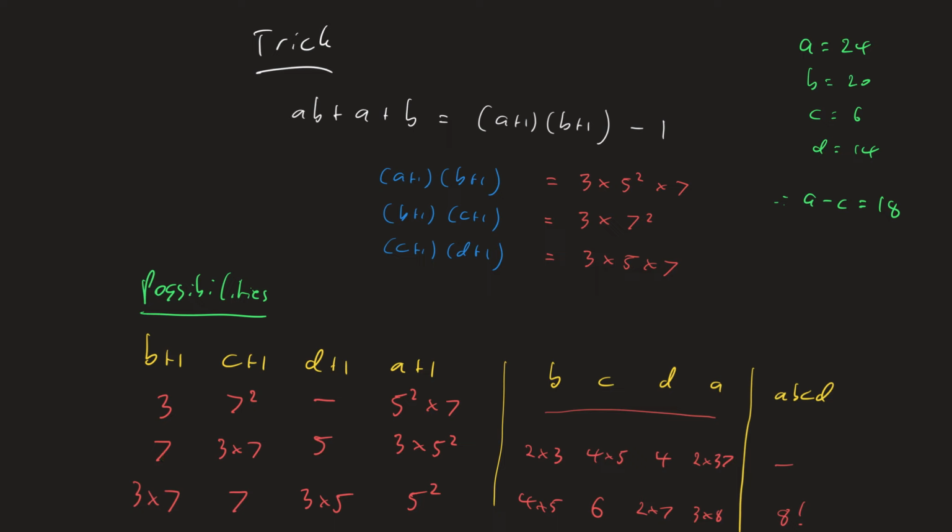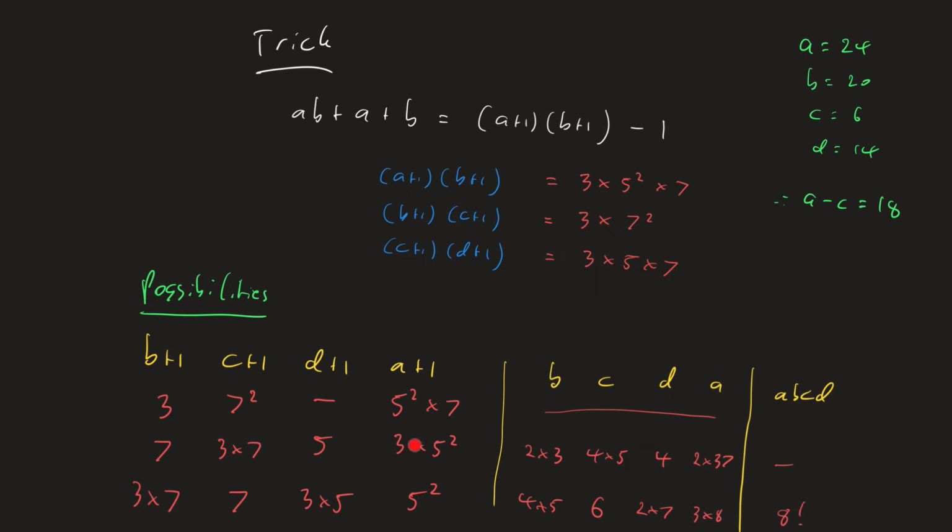If C plus 1 is 21, then C is 20, and so forth. We can determine from this table the possibilities for A, B, C, and D. I've written them in terms of this factorization here, so it's very easy to see which possibilities also satisfy A, B, C, D being 8 factorial.